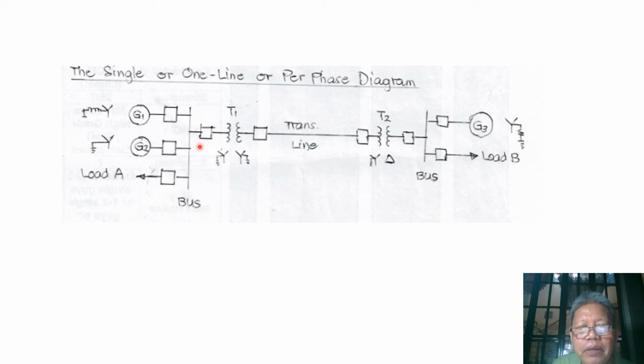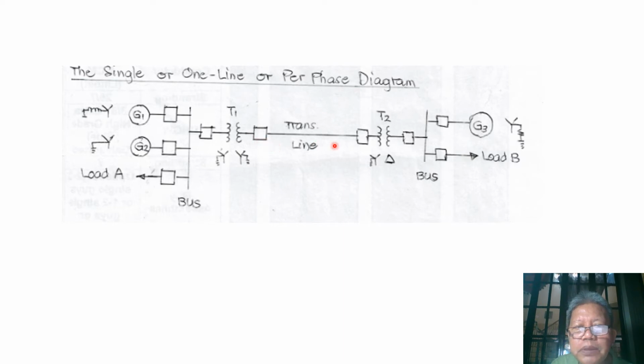So we have here a transformer where the generator voltage, for example, if this is 13.8 kV, using transformer T1, which is YY connected and solidly grounded, and we have here circuit breakers on both sides of the transformer windings. So this is stepped up to a higher value, let us say 138 kV.